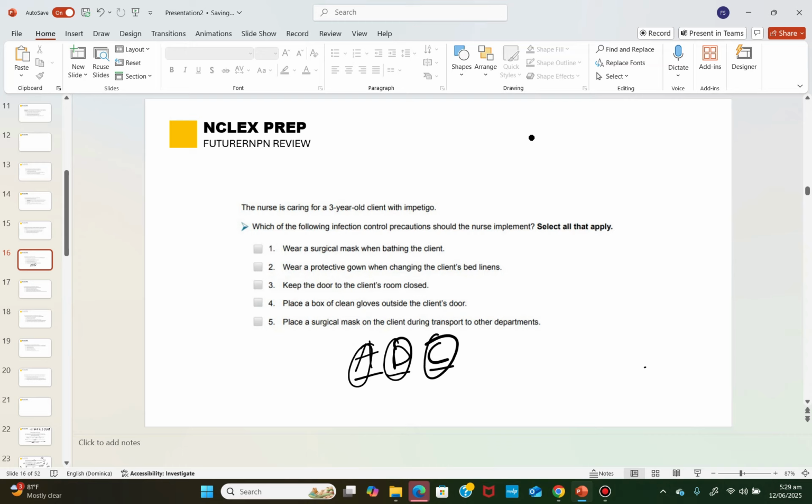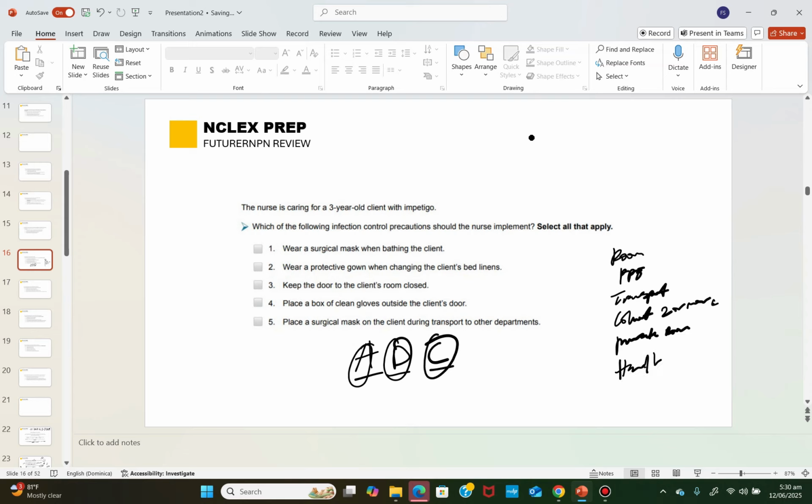Now, the next thing you want to know are the precautions. NCLEX tests related to room, PPE, transport, right? Cohort, two or more clients together, right? Private room, right?